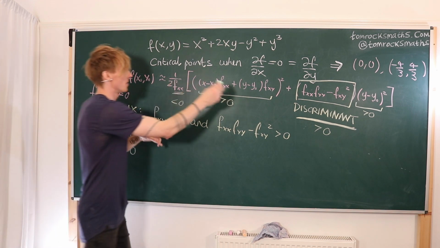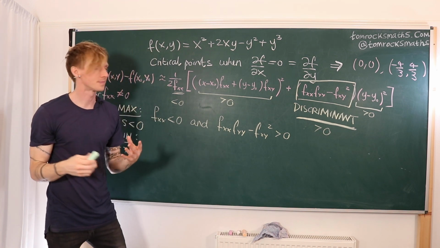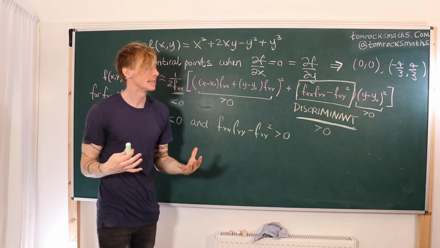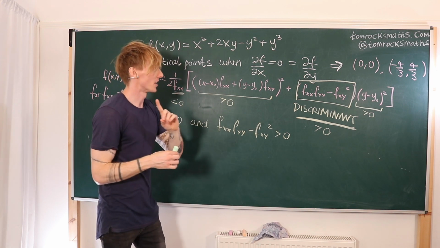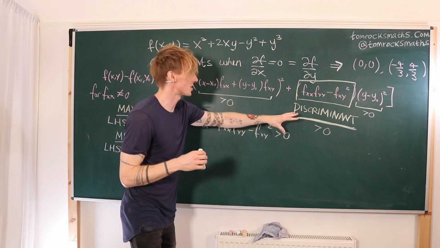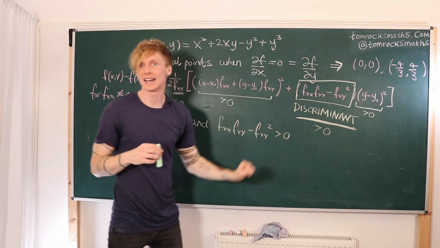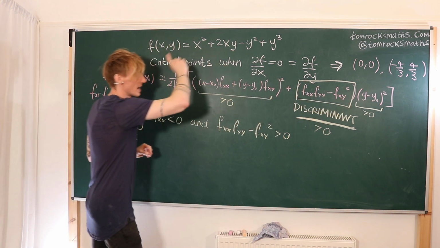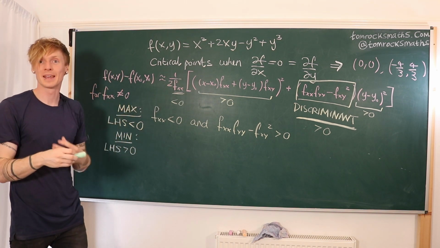So again, this term is squared, so this is always positive. That will never change sign. The term on the end, y minus y naught squared, again, is always positive. The discriminant could be positive or negative. However, we again need it to be positive, because if it's positive, everything in the square bracket has a fixed sign. It is all positive, and therefore, to make the entire equation positive, we just need fxx to be positive.